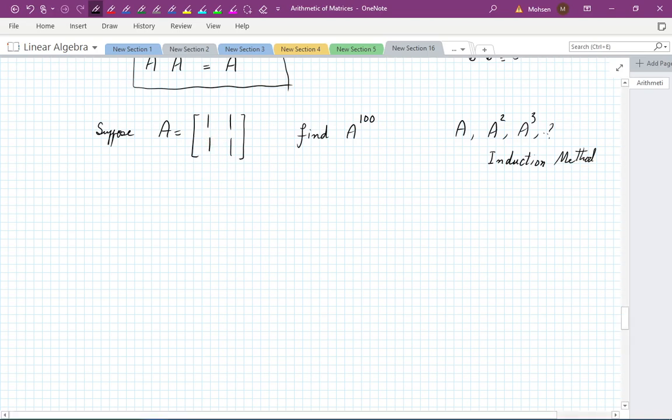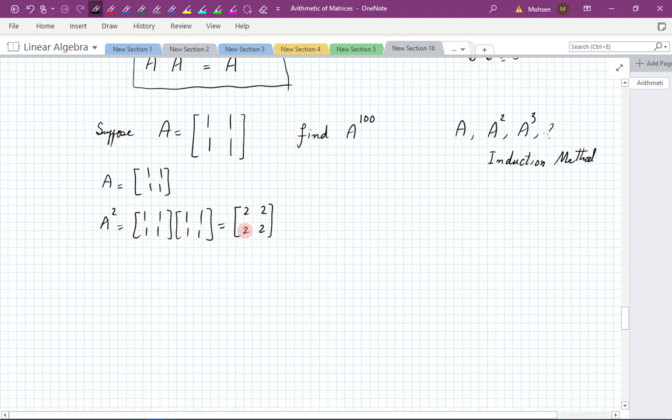So what we do here is, okay, A is fine, it's just 1 1 1 1. How about A squared? Well, that's 1 1 1 1 times itself. This is not painful, I can do that. 1 1 times 1 1 becomes 2, and this is 2, and this is 2, and this is 2. So that wasn't that bad.